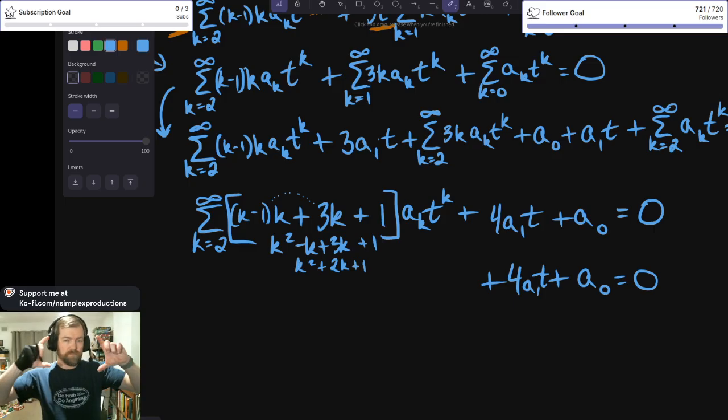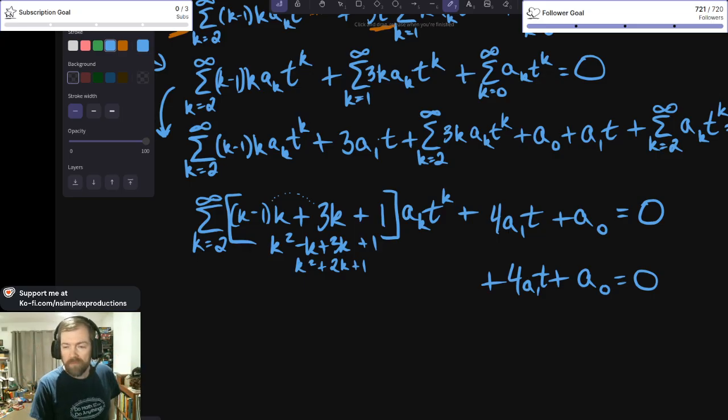Alternatively, k plus 1 squared could also work if you feel like it. We plug in k equals 2, right? Yeah, actually. k plus 1 parentheses squared. When k equals 2, we add 1 and we square it, we get 9.